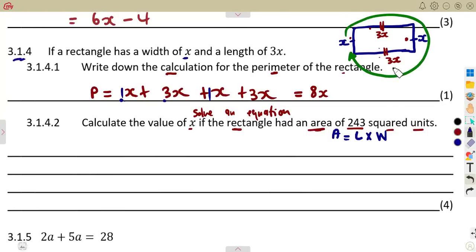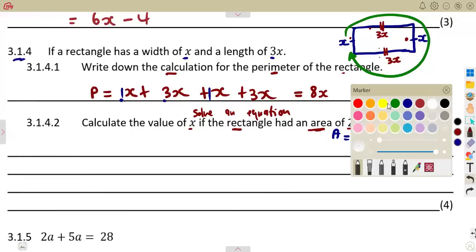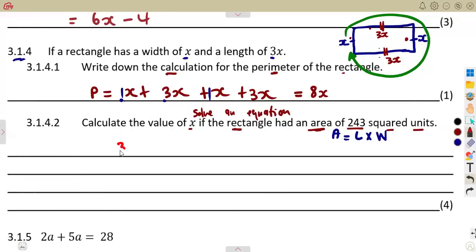So guys, we are given that the length is what? Is 3x. So it means that if I multiply the 3x like this, if we multiply 3x times the width, what is our width? Our width is x. So if we multiply this to x, 3x times x like this, we must get the area. And what is our area?